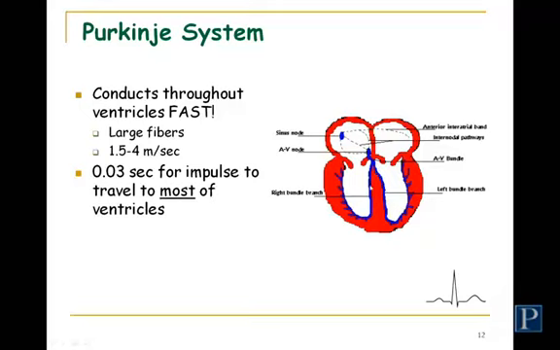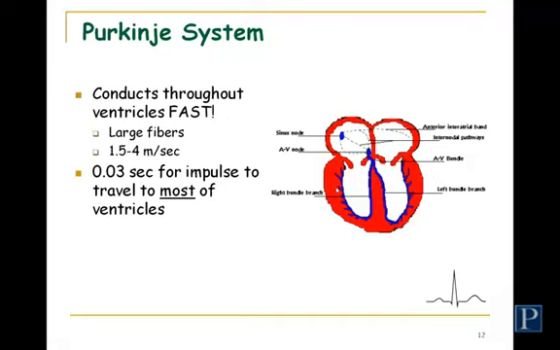So the right bundle branch, its job is to get the electrical impulse to the right ventricle. So it's running down the septum, towards the apex, and then you'll notice that these terminate into what we call terminal Purkinje fibers. Those Purkinje fibers penetrate maybe just a third of the way into the muscle itself, and those terminal Purkinje fibers are right there next to muscle.